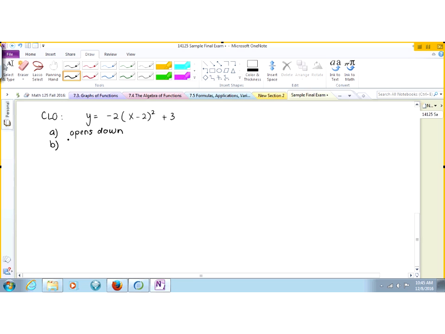And what are the coordinates of the vertex? What is it? 2, 3. So the vertex. Yes. What is the equation of the axis of symmetry? Well, you could graph this first, right? So then you could find out later.